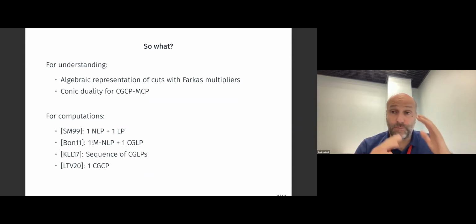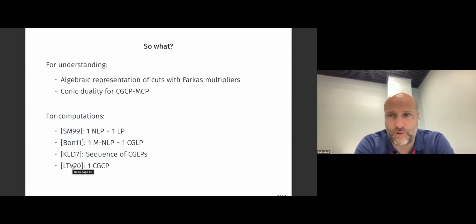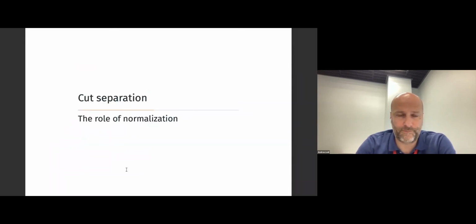Every time I approximate my set with linear inequalities, and once I have them, I use them for building a cut-generating LP on the disjunctive set, and I check if I'm able to cut the point. If I'm not able to cut the point, then I refine my outer approximation until I get what I want. What we are doing here is more parsimonious, even if we are clearly solving a conic problem, so it's not trivial, but we are directly solving the cut-generating conic problem for finding our valid inequality.